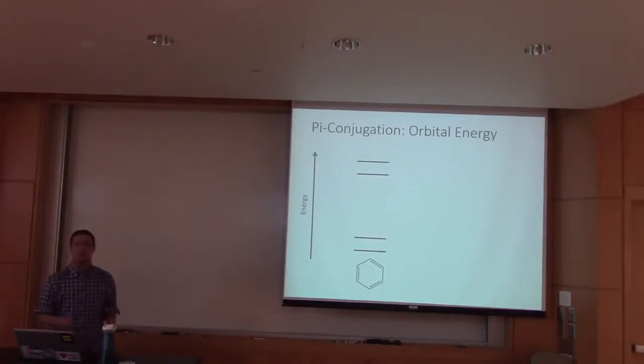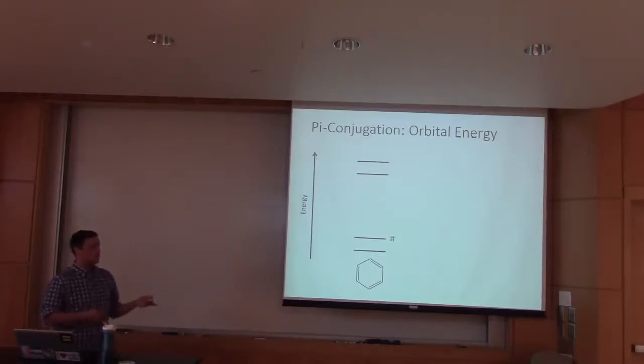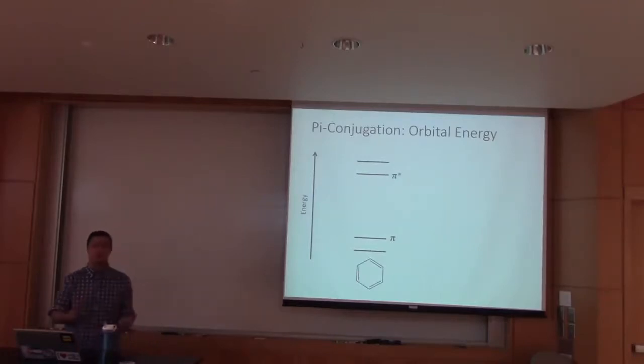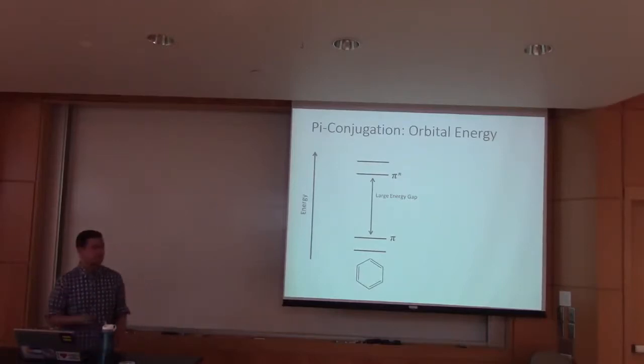They're way down there because they're very stabilized and the electrons that are there are very happy being in that orbital. Well, these orbital lines represent the pi orbital, so that double bond, and then when orbitals mix and form molecular orbitals, they split, and you've also got a pi star band, or orbital. As you can tell, there's a large energy gap in between these, and that is really why electrons would rather be down here and can't really go up to that pi star, and that's why we would call it something like an antibond.